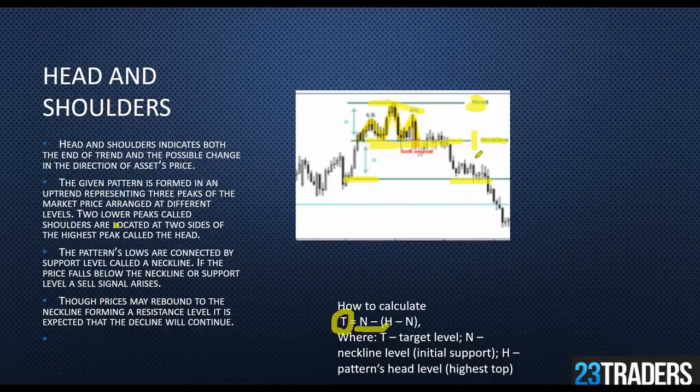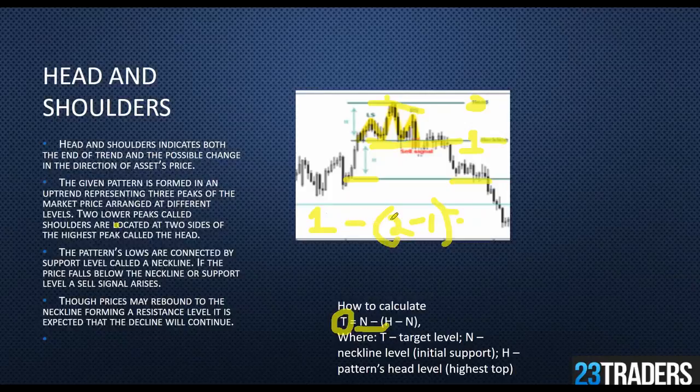And what you would do is take the neckline, in this case we said it's number 1, or $1, or whatever you want to call it. So it was 1 minus the head, in this case we said the head was 2, minus the neckline, which we already assigned the number 1. And this will give us the target price moving down.